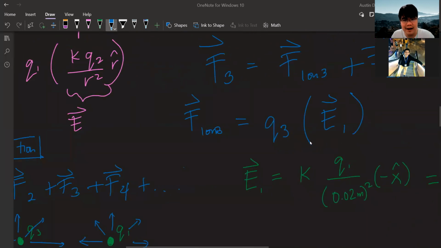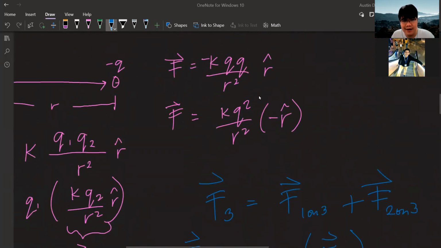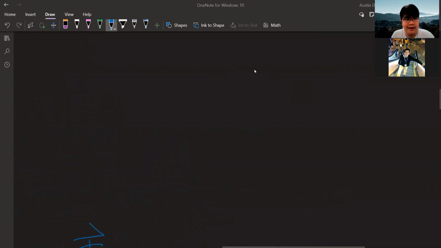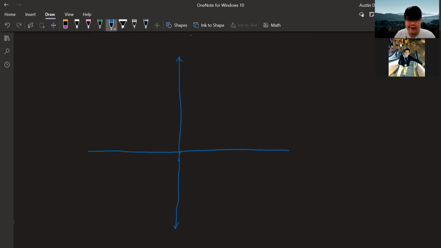But for now, itong r hat notation na sinasabi ko, it's for higher physics na siya. And yung r hat kasi ay, kunwari ang meron kang coordinate system. Kung familiar kayo sa spherical coordinate system, ayan yung r hat.